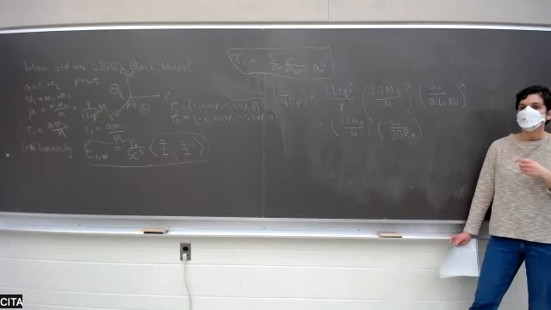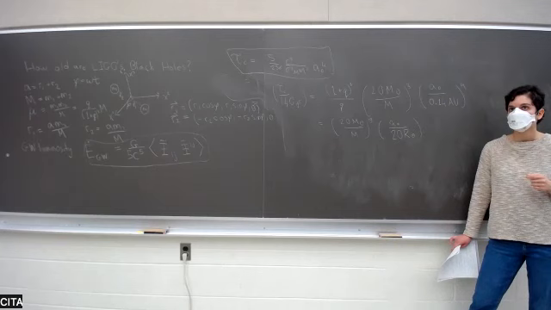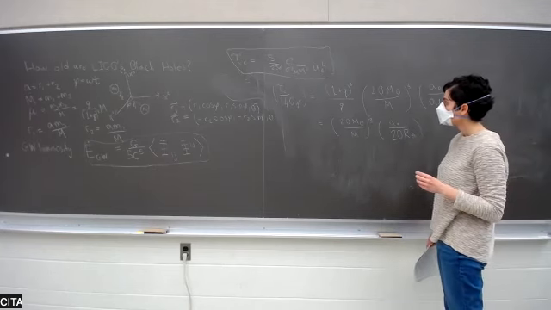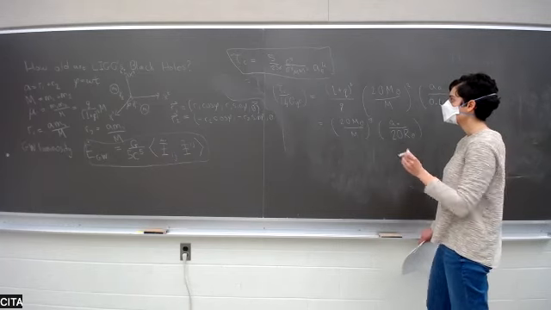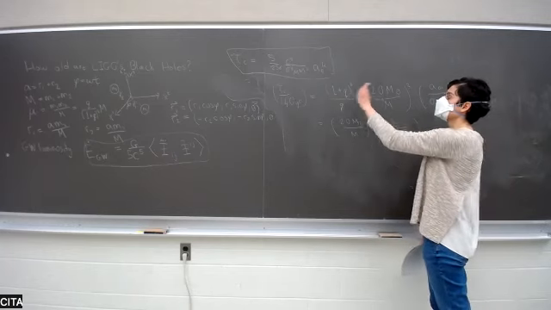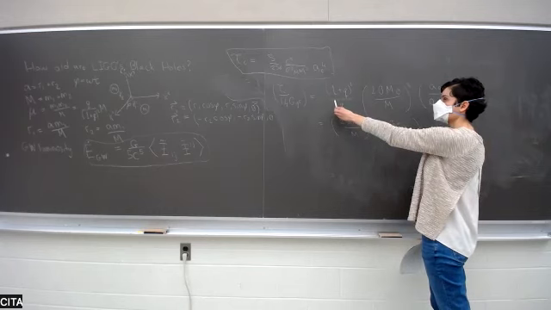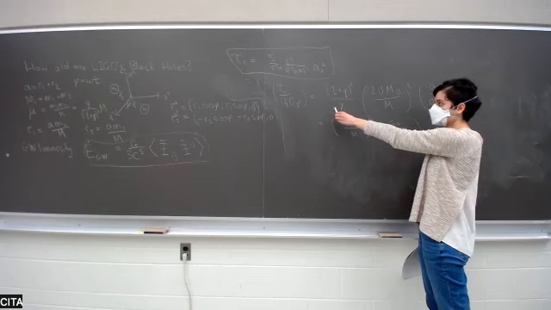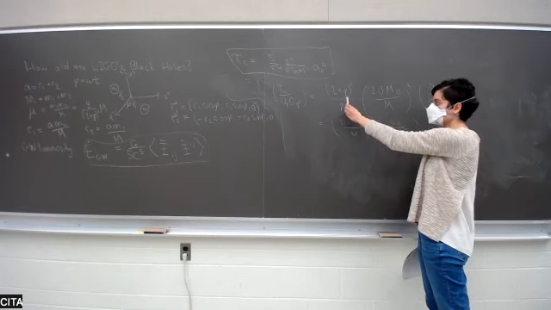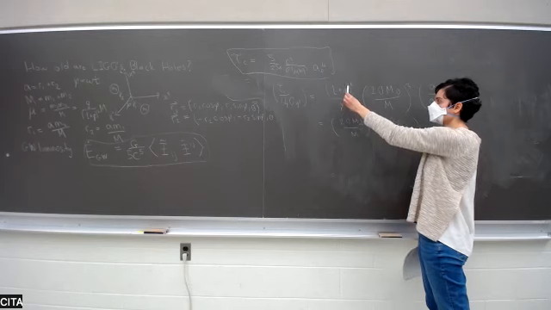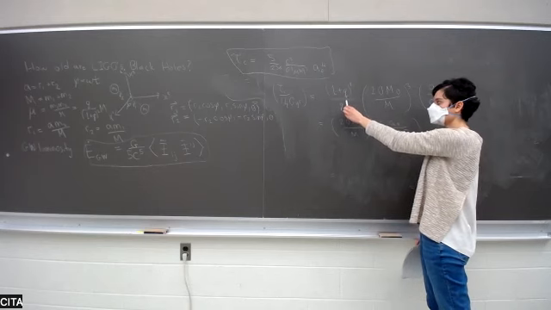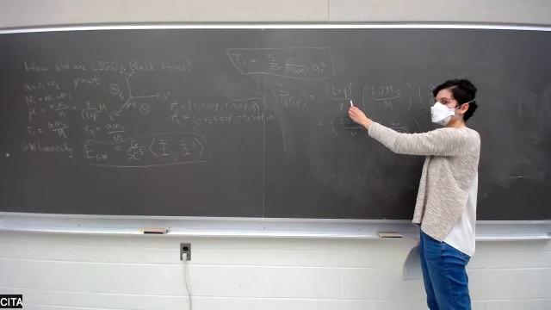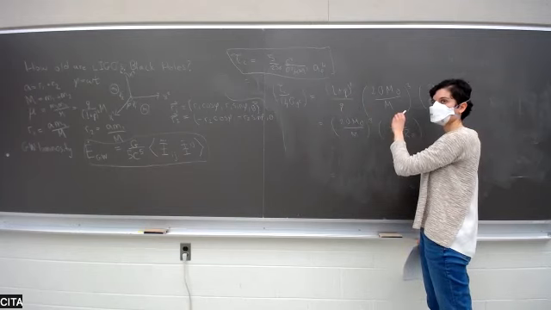If Q is less than 1, then it makes the coalescence time bigger. Oh, yes, but then sorry. The fastest is for equal mass. The largest this thing is when Q equals 1.